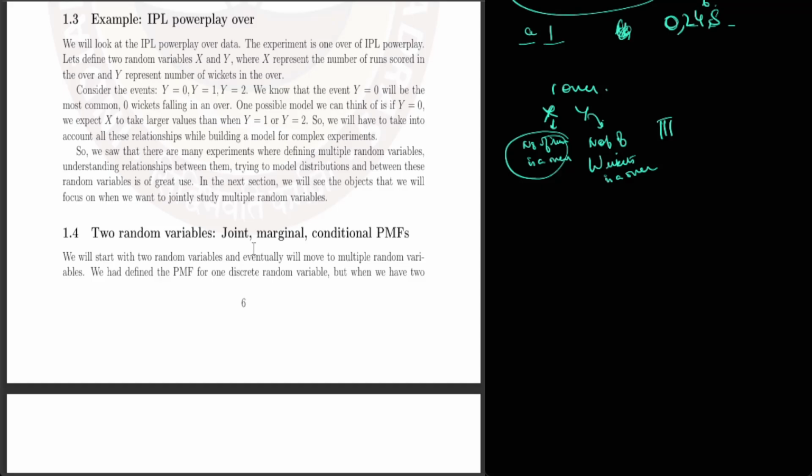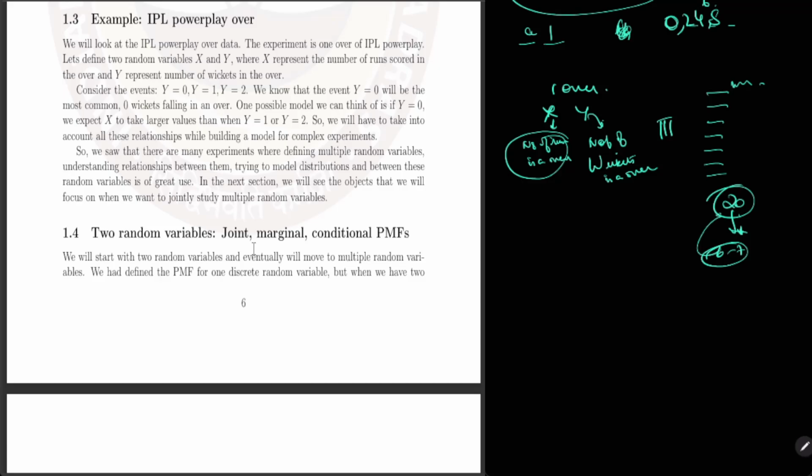We know that the event Y equal to 0 will be the most common. Generally in an over, wickets do not fall. Like in a 50 over match or a 20 over match, most of the time we'll see that only 6-7 wickets fall.